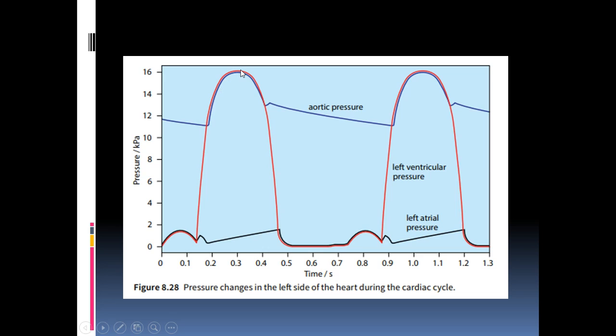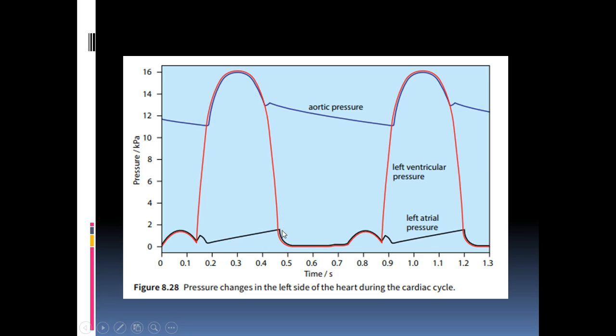Okay, so after about 0.3 seconds, you can see that pressure starts to drop. This is when the heart moves into the ventricular diastole stage.